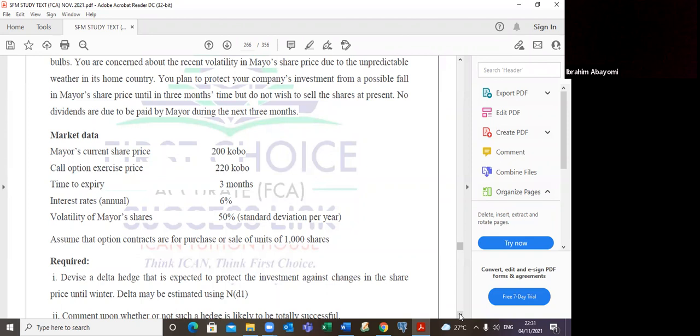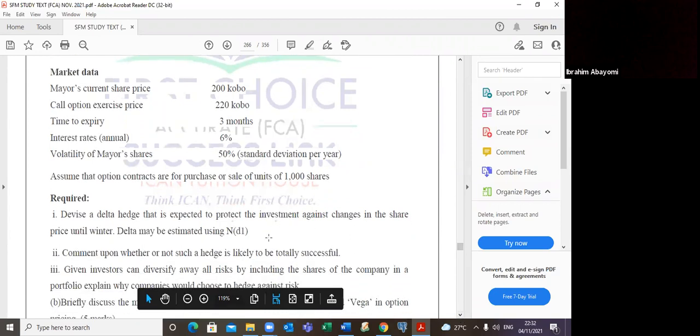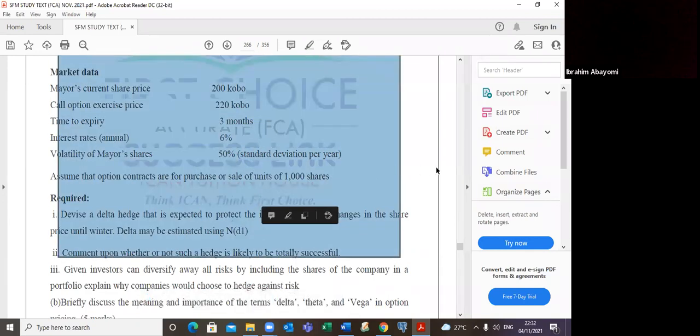This is slightly different from what we did in one. In one, we only asked to calculate the price of the option, and there we assumed that one option will hedge one share. But here it is a delta neutral hedge. The first thing you will do is, delta may be estimated as ND1.